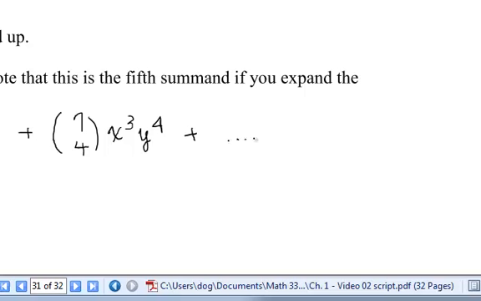And then I would keep on going till I got all the way out to C(7,7) x^0 y^7.